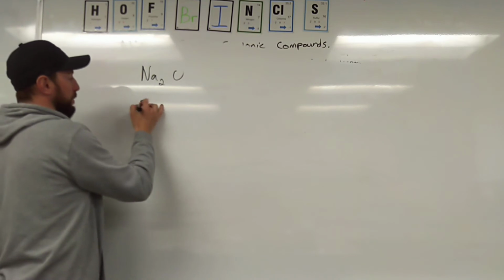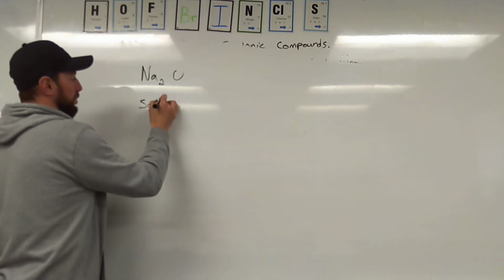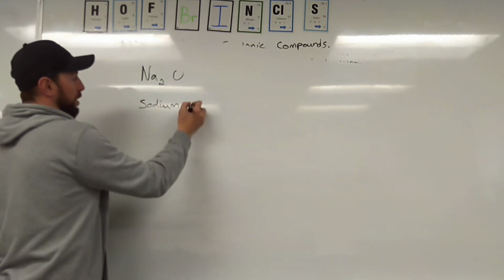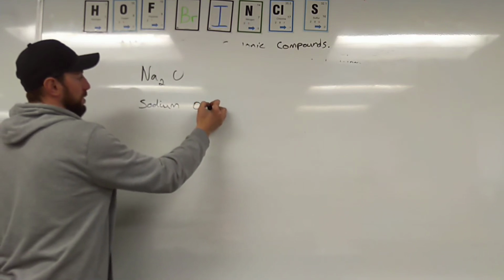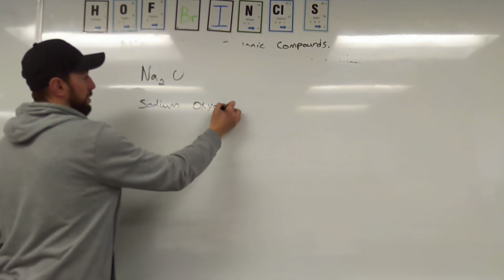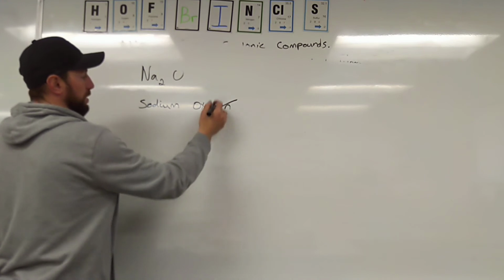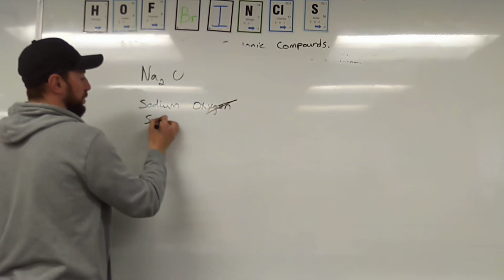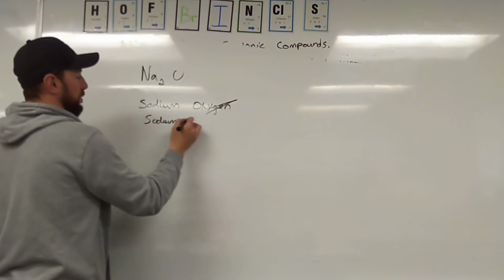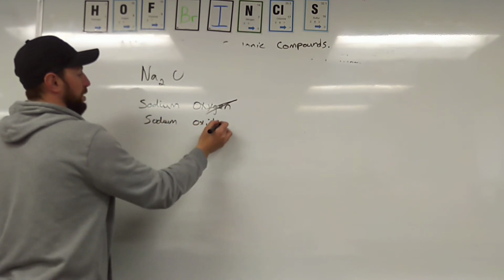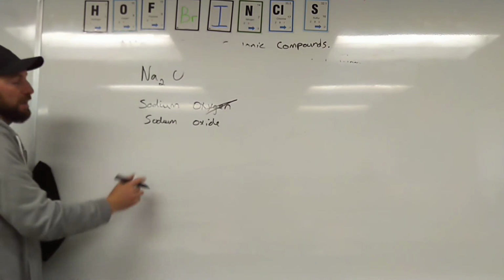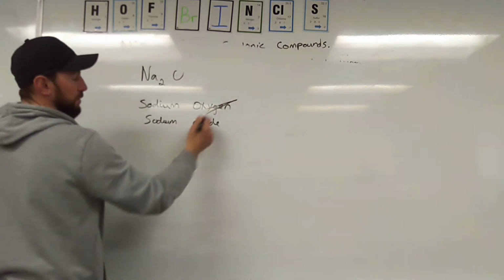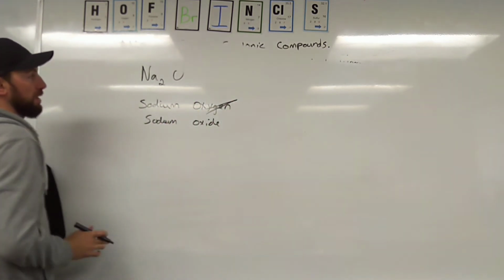Na is sodium, oxygen, scratch out the "gen", it would be sodium oxide. Okay? Ionic are very easy. Sodium oxide, scratch out the "gen", change it to "ide". There's nothing else that you need to know.